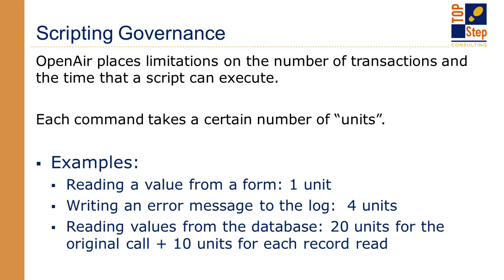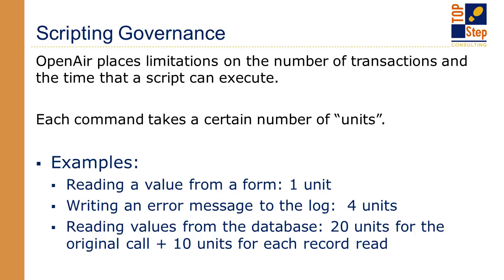Now, reading a value from a database takes a fairly high amount of processing power. And so in that case, it's going to take 20 units to make the call, and then for every record that you read, it's another 10. Okay, well, why does this matter? And do you expect to actually calculate all this? No, not unless you really want to, but it matters because of this.